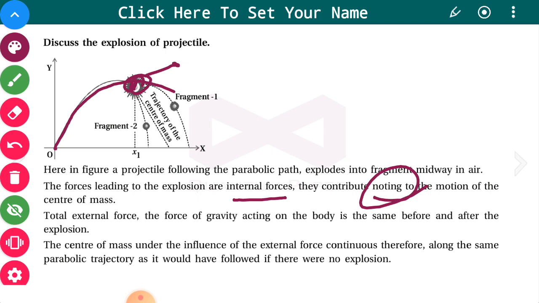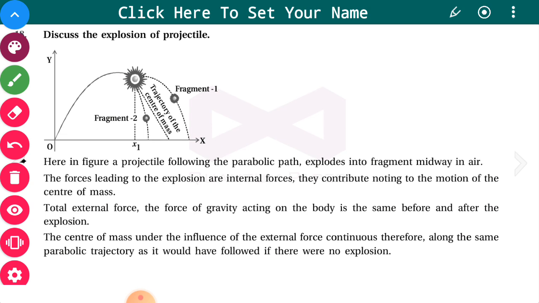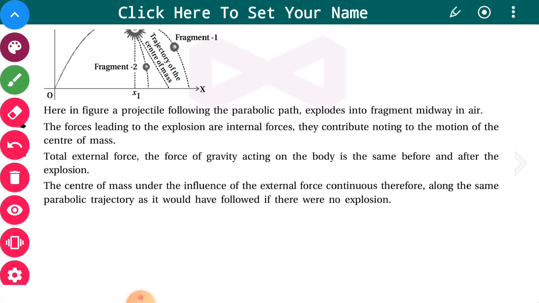The center of mass will move as it was moving earlier. There is no contribution of these internal forces to the motion of the bomb. Whichever way it was moving earlier, it will continue to move. The total external force, the force of gravity acting on the body, is the same before and after. So its center of mass will move in the same direction as it was moving before the explosion.